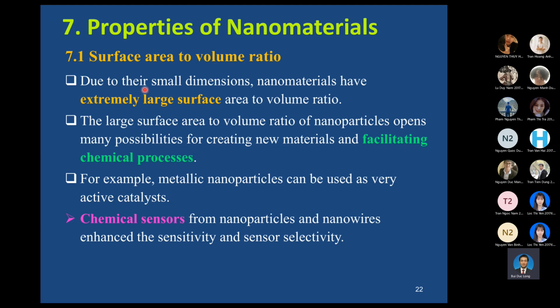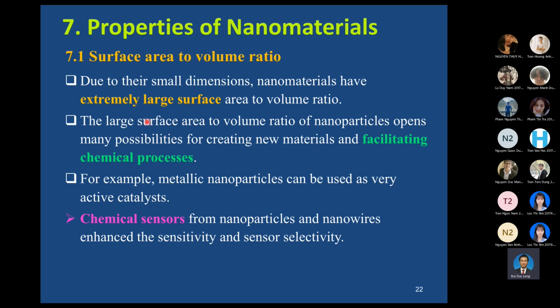So due to the small dimension, nanomaterials have an extremely large surface area to volume ratio. Sometimes we call it specific surface area.